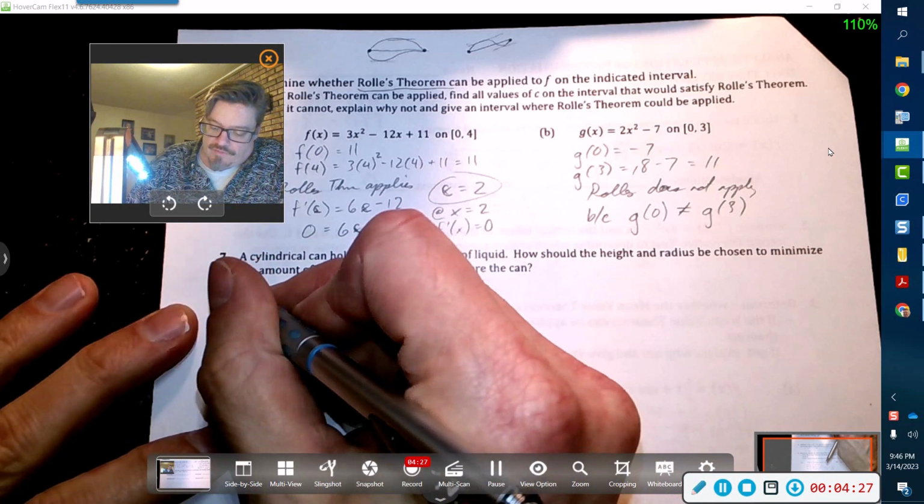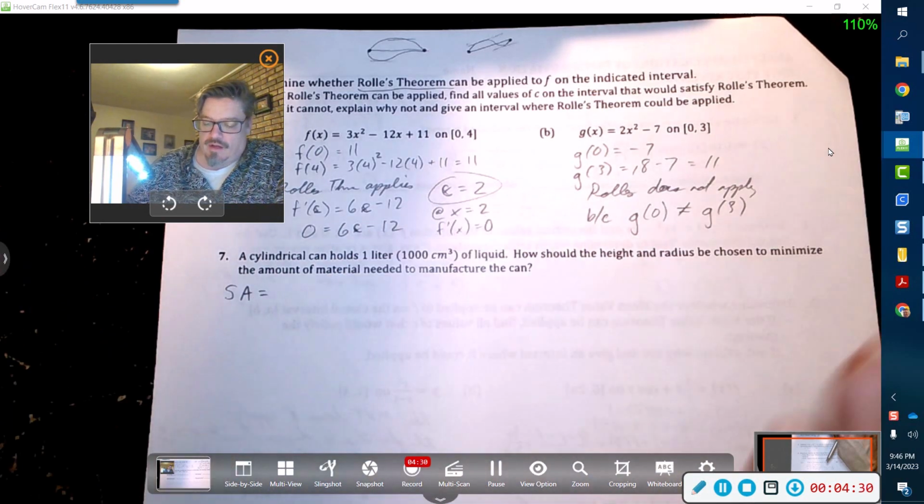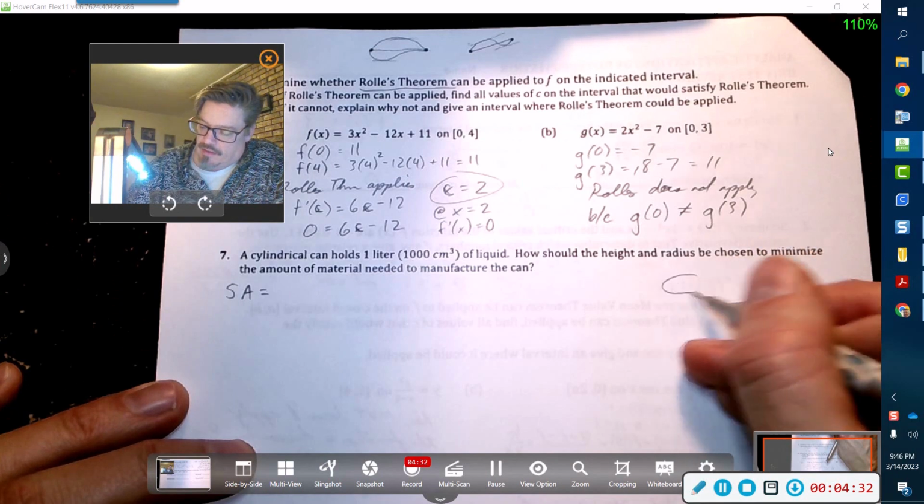So the surface area of this guy equals, you can draw a picture here. It's a can.